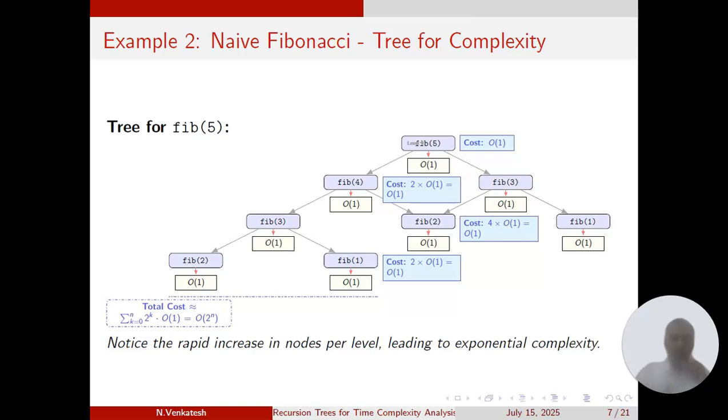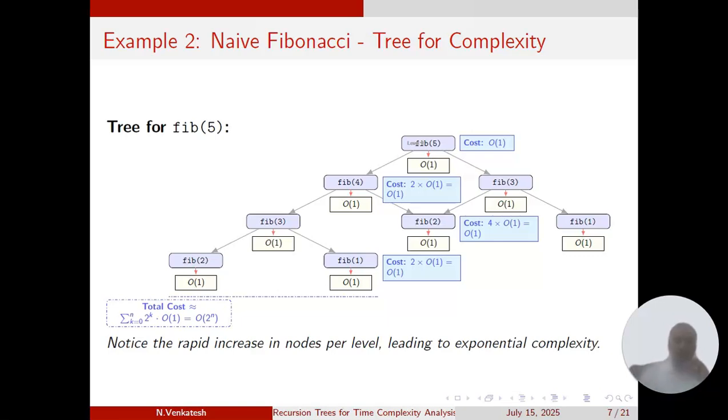In the third level we have 4 nodes, because all previous nodes might be calling 2 functions, so we have 4 into order of 1, and in the next level we get 8 into order of 1.